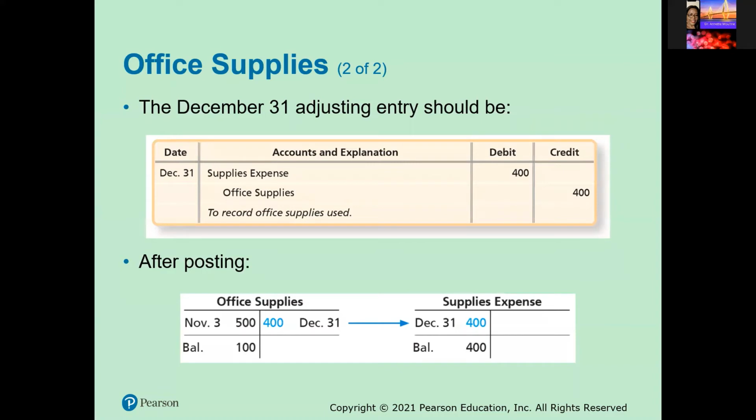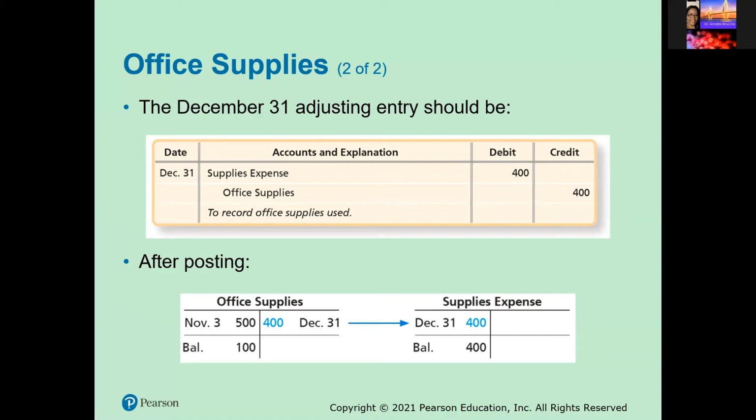After posting the adjusting entry, the December 31st balance of office supplies is correctly reflected as $100, and the supplies expense is correctly reflected as $400.